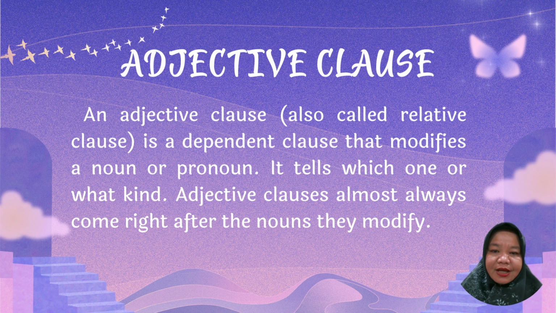Now we come to another clause, the adjective clause. An adjective clause, also called a relative clause, is a dependent clause that modifies a noun or pronoun. It tells which one or what kind. An adjective clause almost always comes right after the noun it modifies.